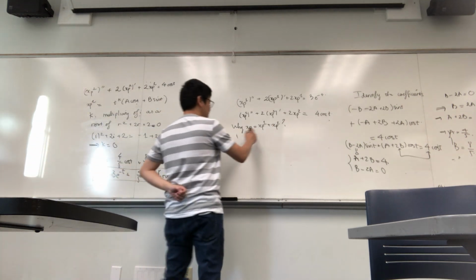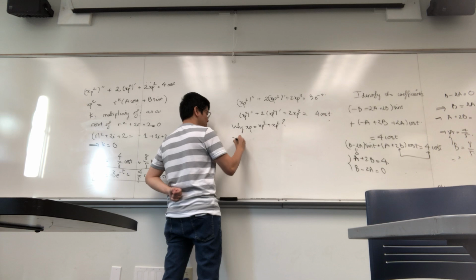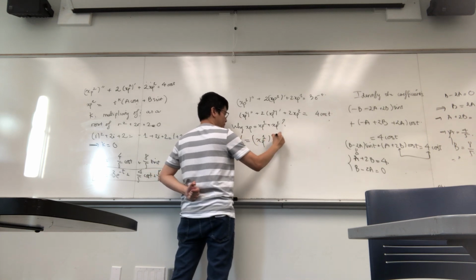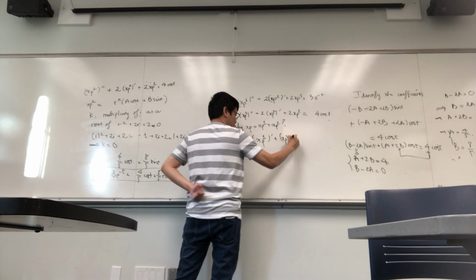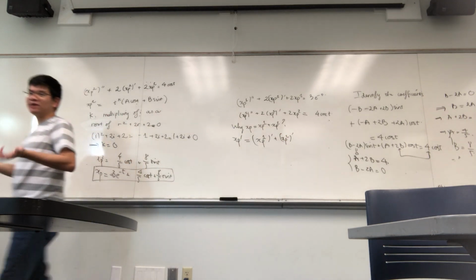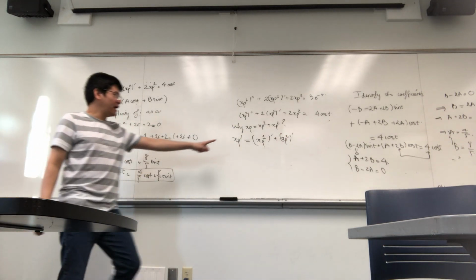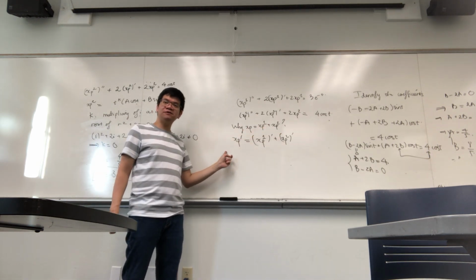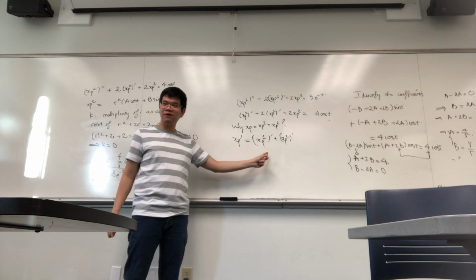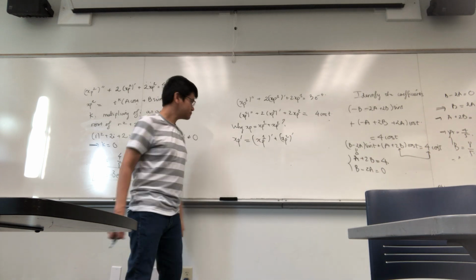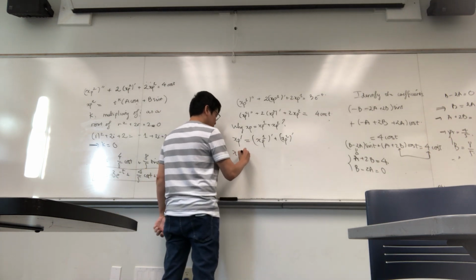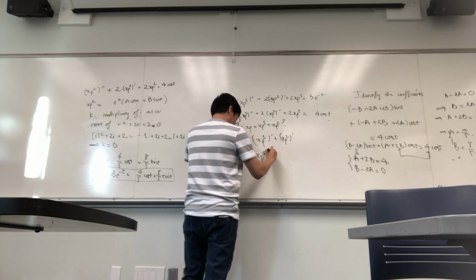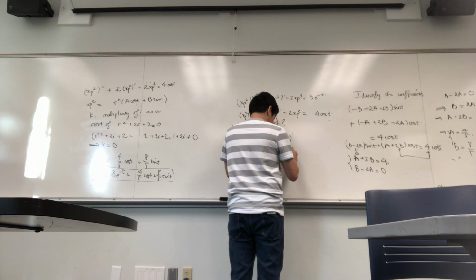So xp is xp1 plus xp2, which means that xp prime will be xp1 prime plus xp2 prime, because you can differentiate a linear combination. And so you have xp second is xp1 second plus xp2 second.